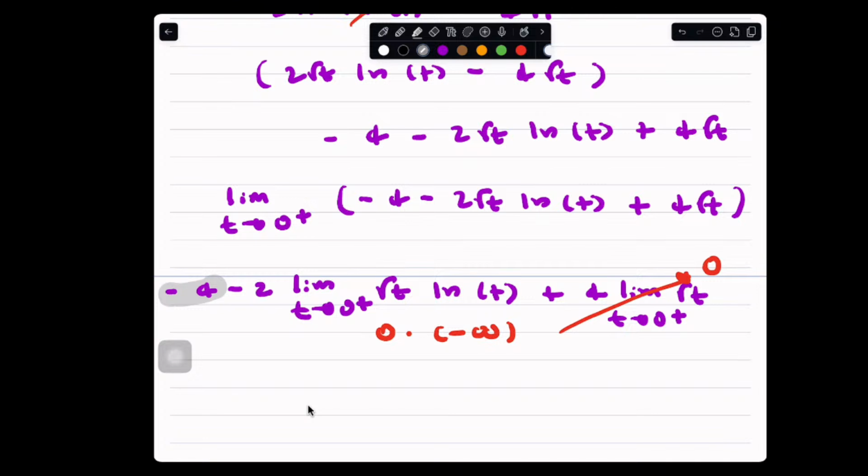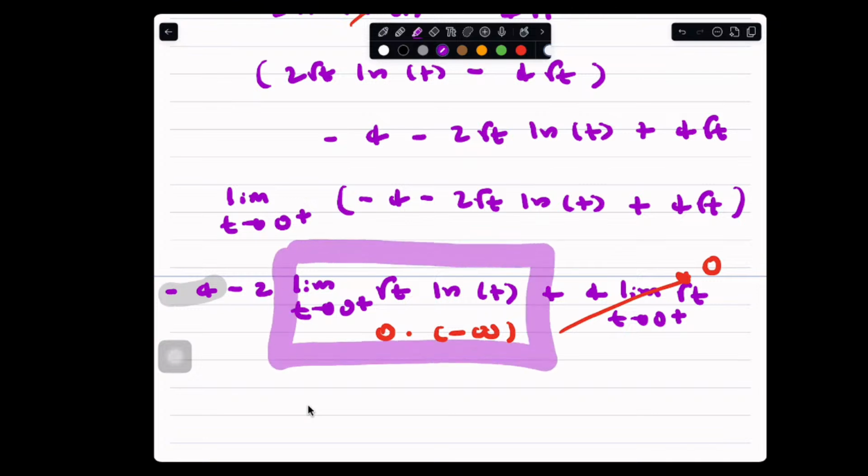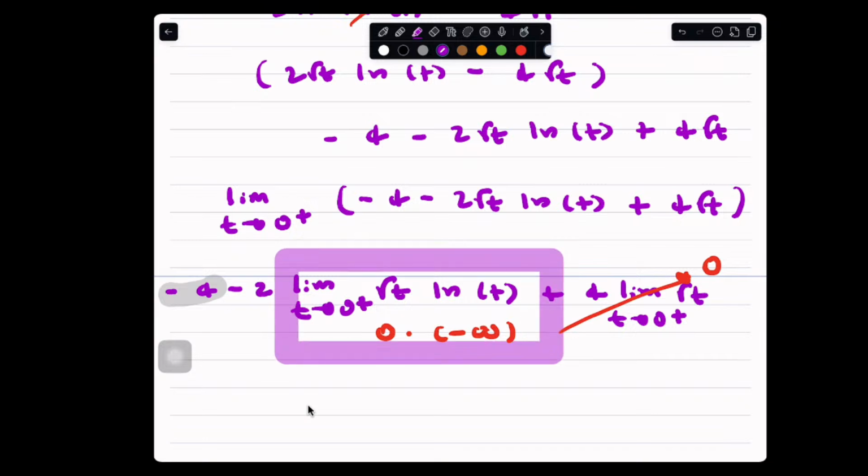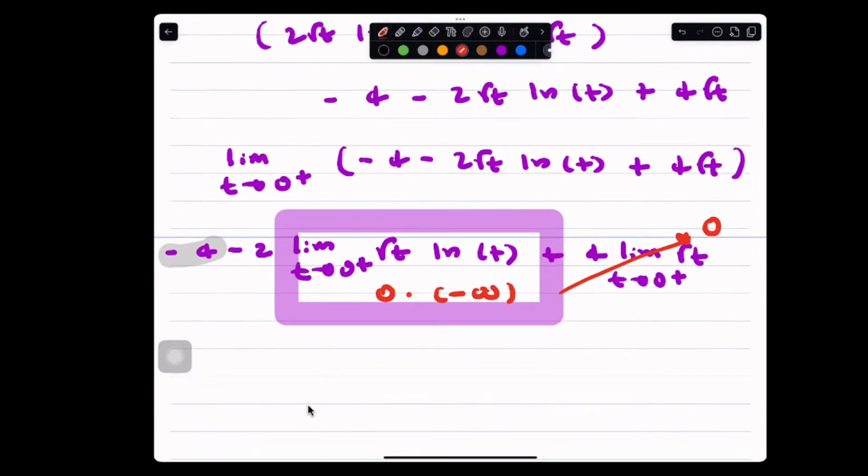I think, again, the focus is going to be on the fact that we have an indeterminate product. So we're going to have to fix this by using properties we learned from working on L'Hopital's rule. So this is an indeterminate product, and remember we have to fix this.